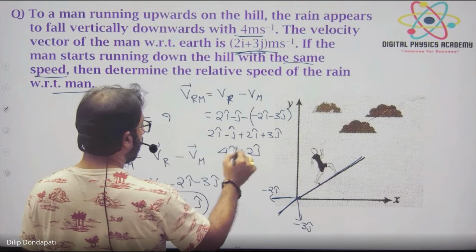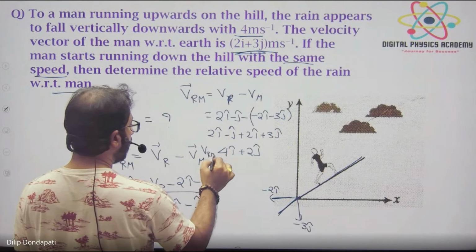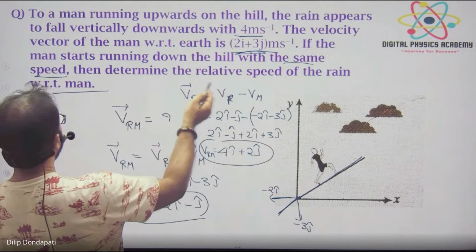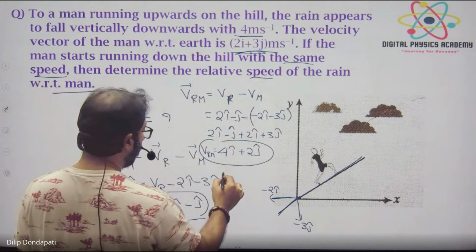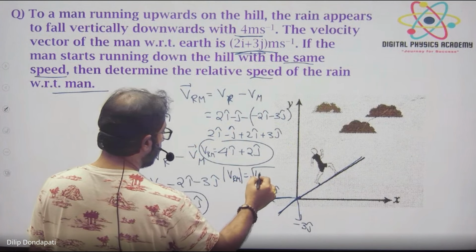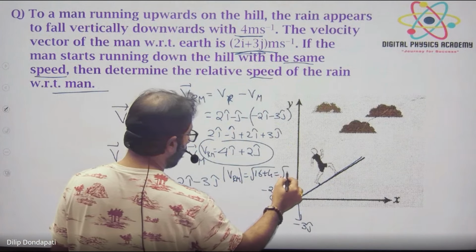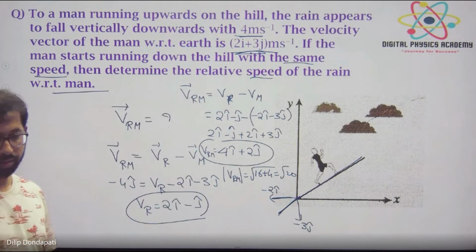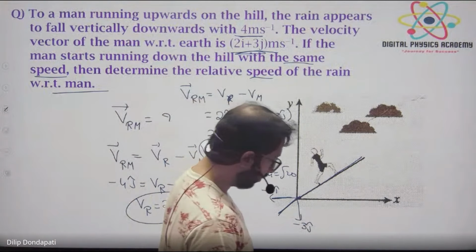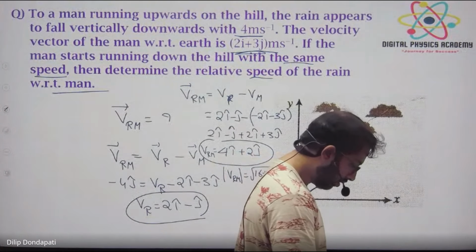This is the velocity of rain with respect to man. This only is what he is telling us to find, but he's asking to determine the relative speed. Speed is asked, so the magnitude of VRM. Under root 16 plus 4, root 20. Understood?